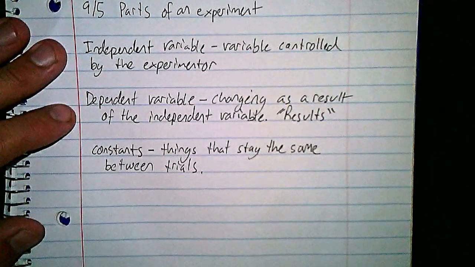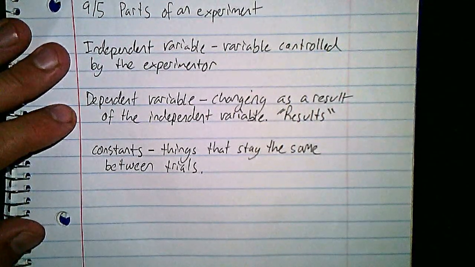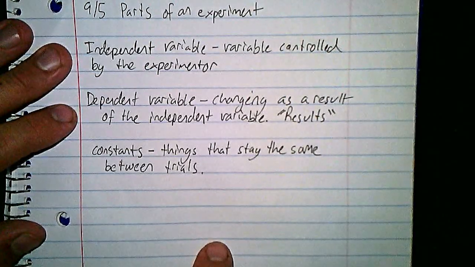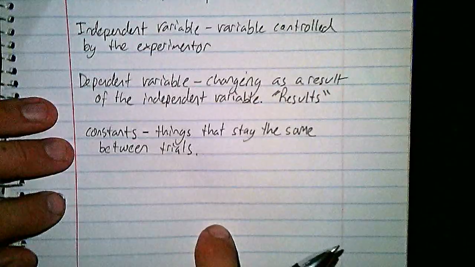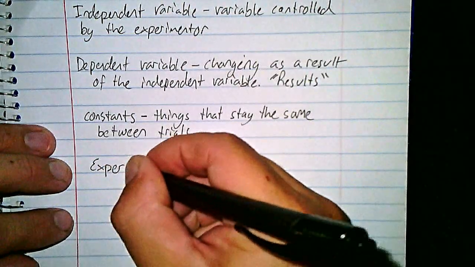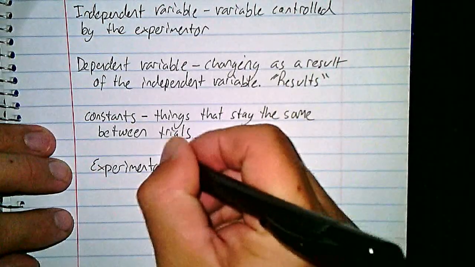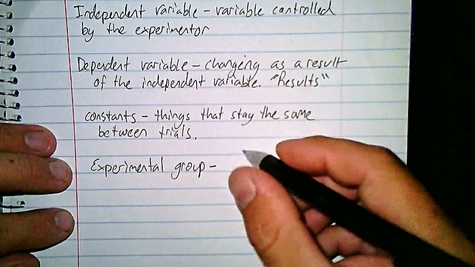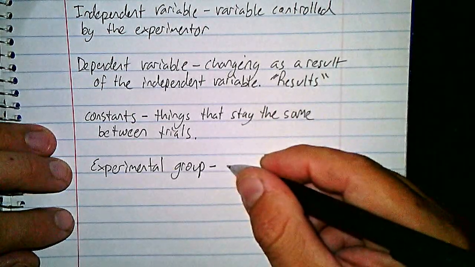On top of that, if we are going to actually draw a conclusion, we need to be comparing a couple different trials. The experimental group is often what we think of as the experiment. So this is the group where we change.